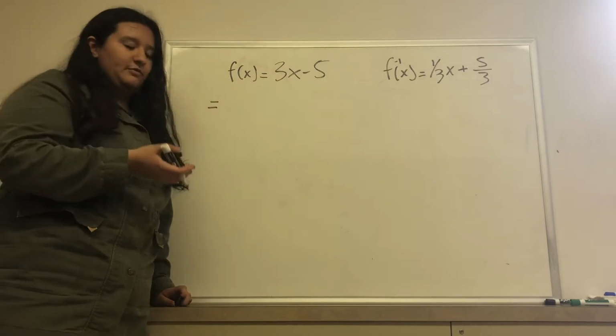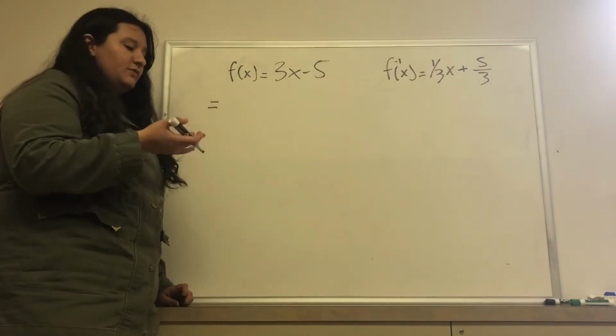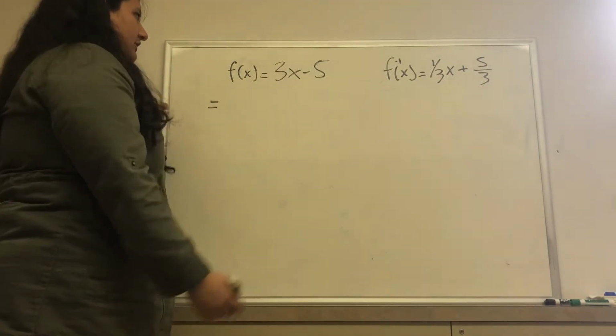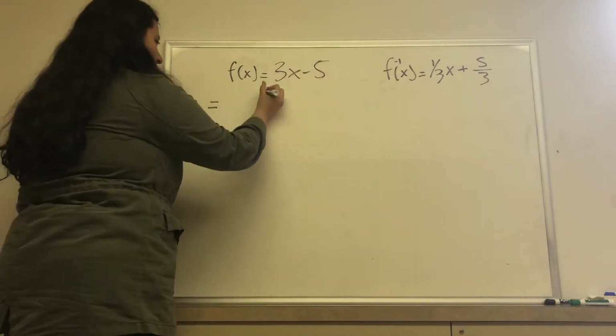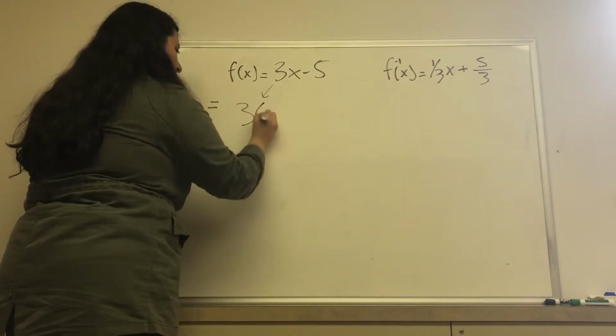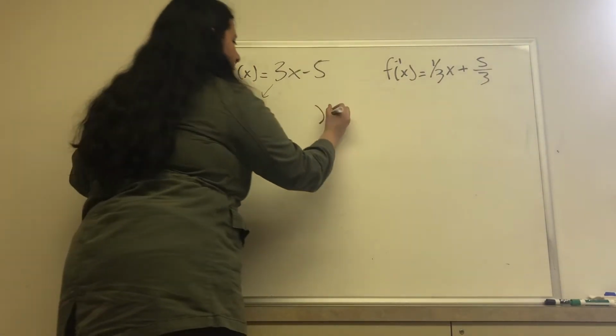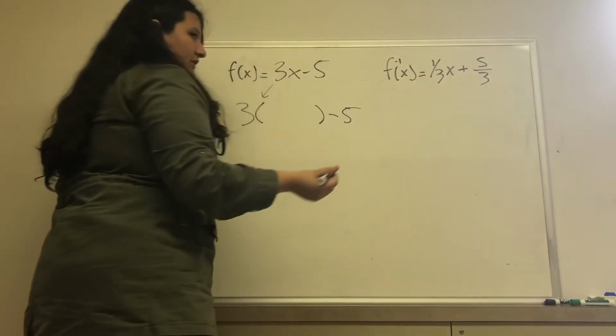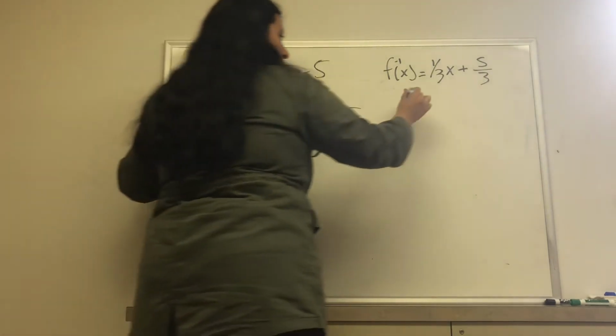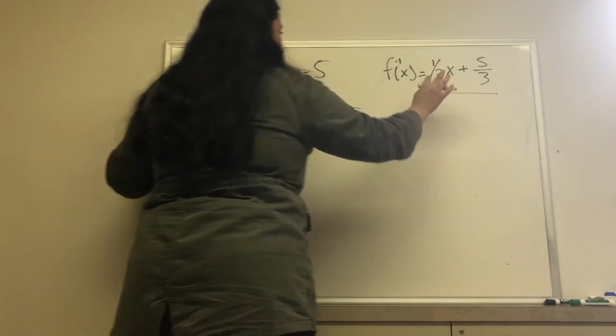So for this next problem, we're going to verify that these two functions are inverses. So what we're going to do, we're going to bring down this 3 here, and put some parentheses here, and then bring down this negative 5 over here. And so what we're going to do is basically bring in this inverse function. We're going to bring it all into here.